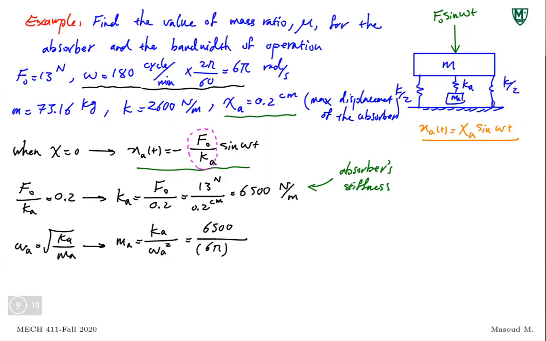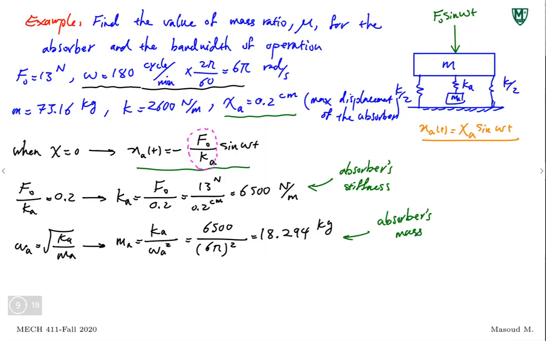6 pi squared. If you do this math, you will get 18.294 kilograms. That would be your absorber's mass. There you go.